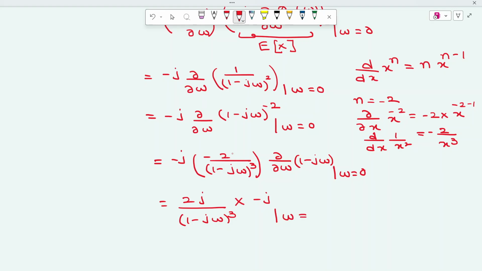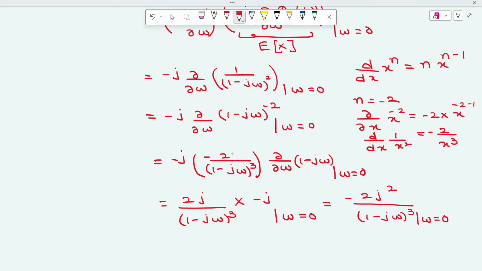Again j into j is j square, so we get minus 2 j square by (1 minus j omega) whole cube, with omega equal to 0.